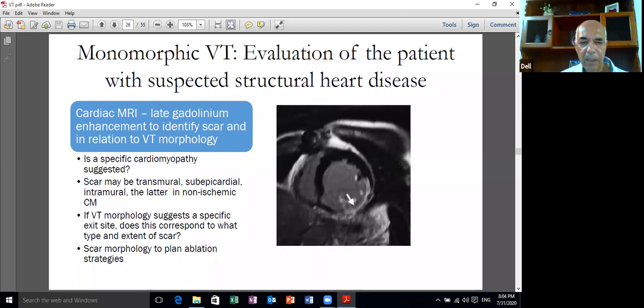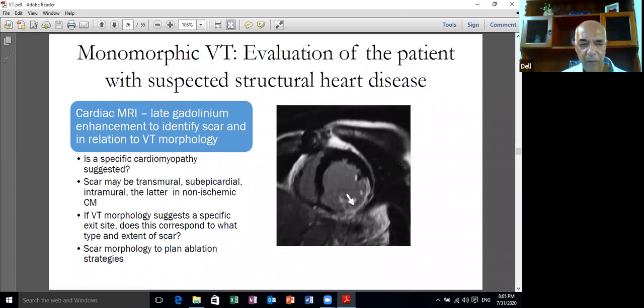Now, the presence of the scar is very helpful because even if the electrophysiologist localizes the arrhythmia by any method, like activation mapping, pace mapping, substrate mapping or entrainment mapping, the presence of the scar will help him to localize it. And if his localization matches the location of the scar, that gives him more confidence that he is in the right direction.